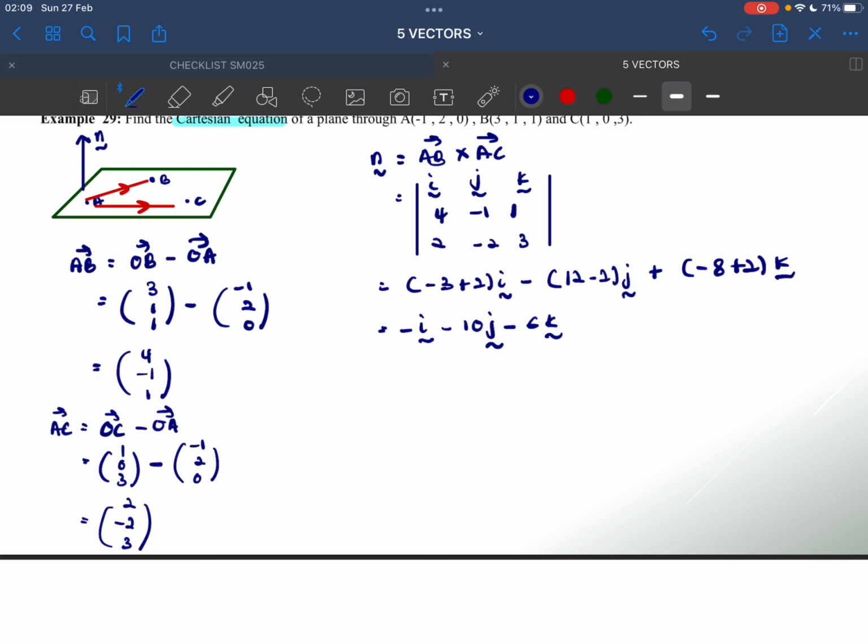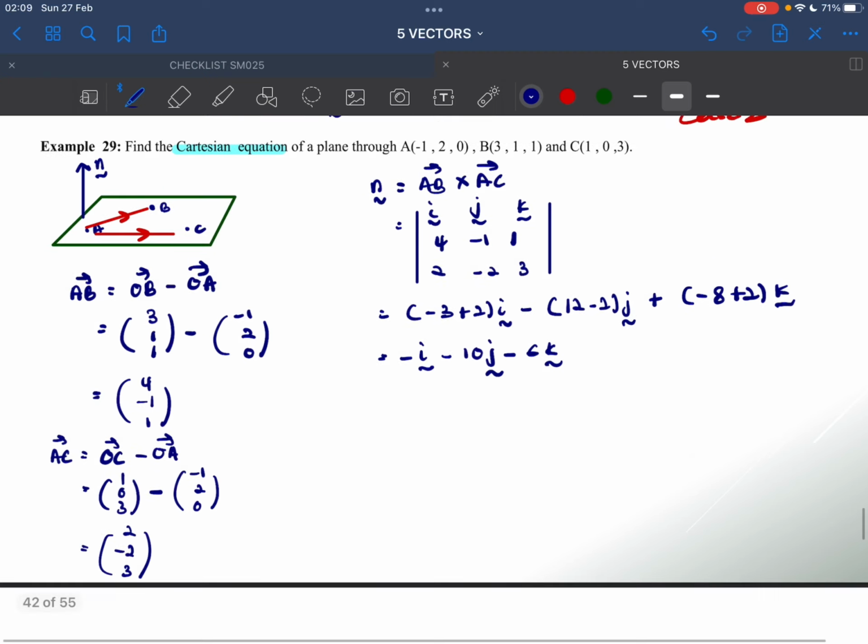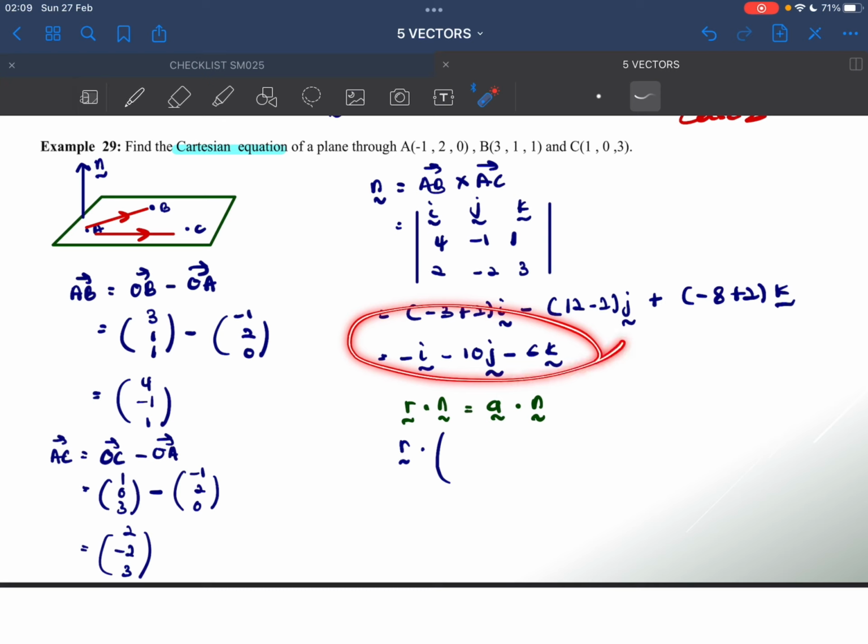So what is left to do is to find the Cartesian equation. We have the vector equation of a plane, and we always start with the vector equation. So r dot n is equal to a dot n. Here n is negative 1, negative 10, negative 6.